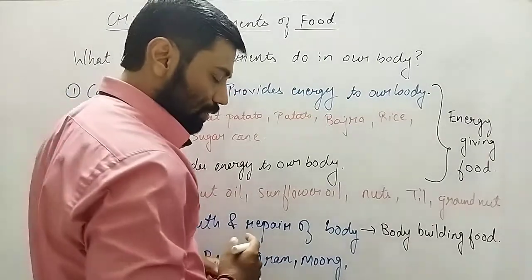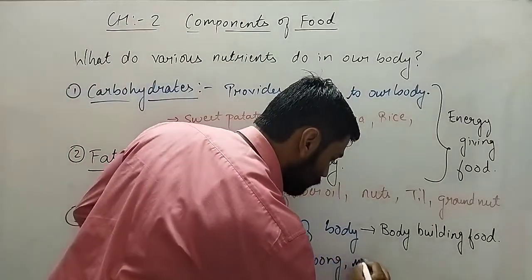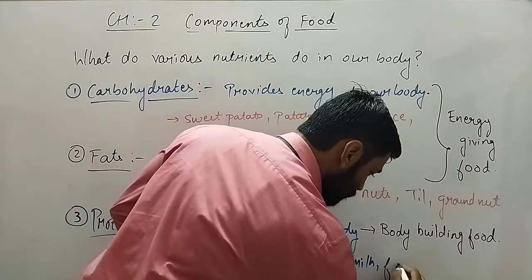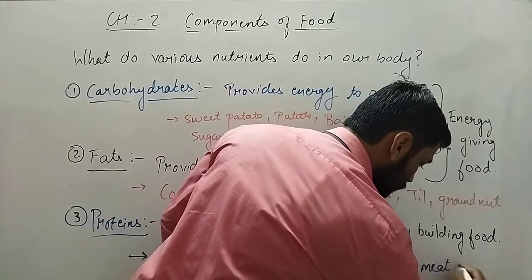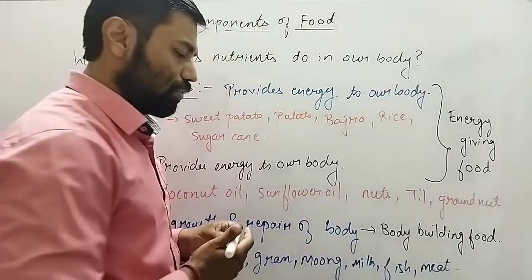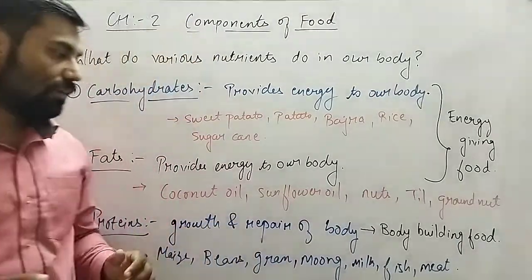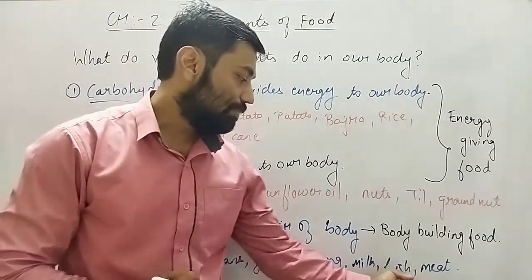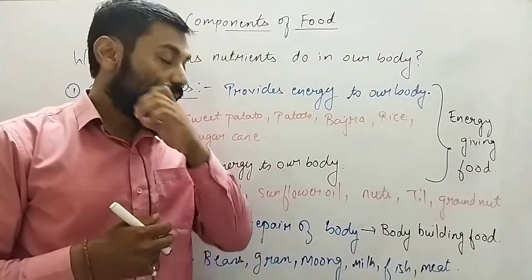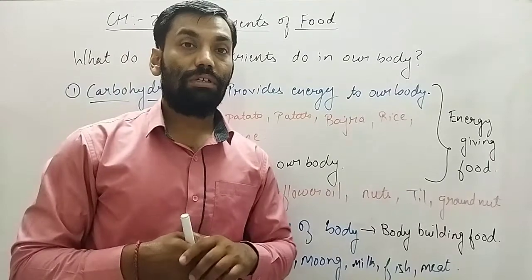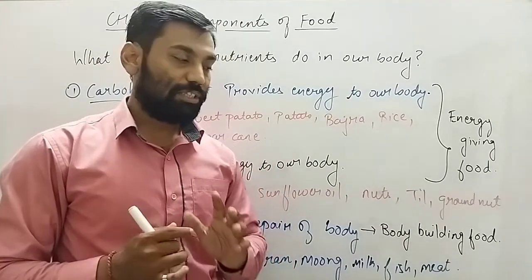Animal sources include milk, fish, meat. These are the various animal sources from which we get protein. And a very good source, a milk product, is paneer. We get a very good amount of proteins from paneer also.